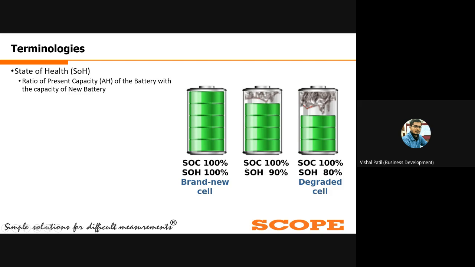Now, if we maintain the state of charge at 100%, but due to several reasons the battery bank loses its capacity, that lost capacity is shown here. So the state of health in this example will be 90%. So 10% of the battery capacity you cannot use.